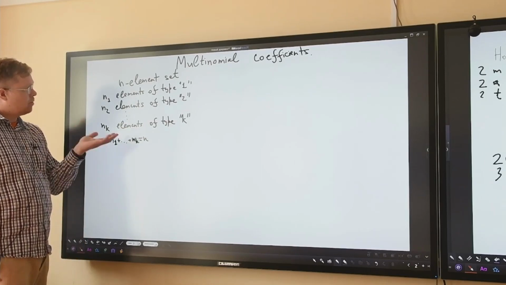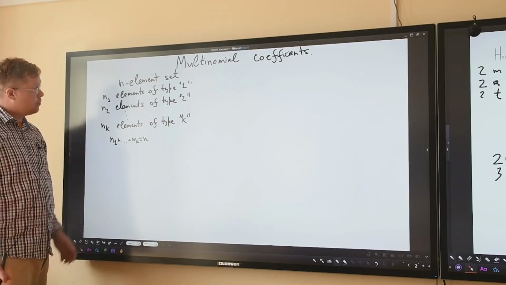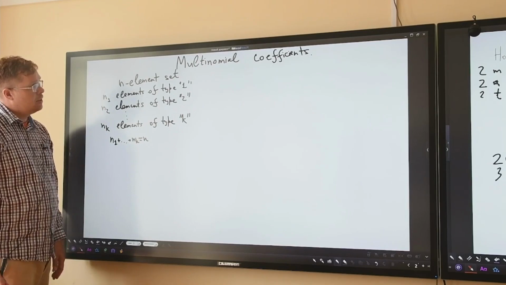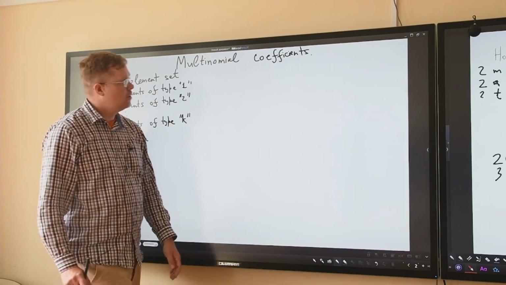Then the number of ways of choosing these elements is called the multinomial coefficient.